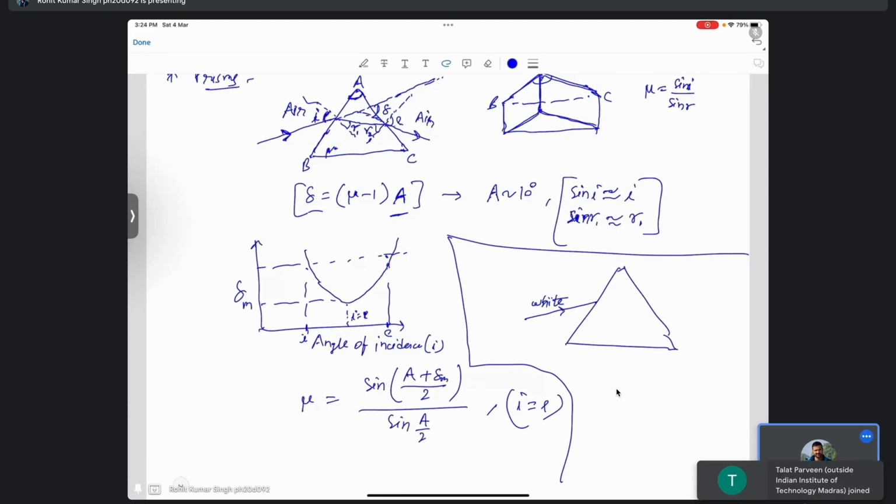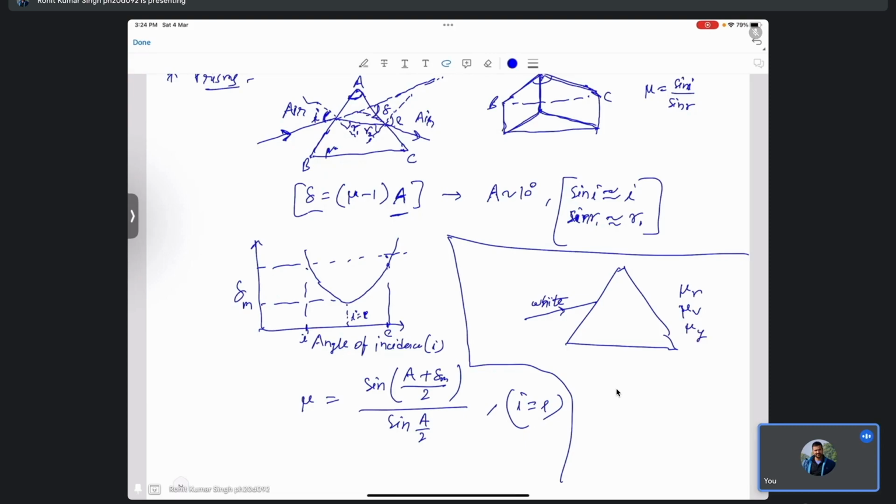The refractive index of this prism for all the 7 colors, so suppose mu r, there are violet, and then there is yellow, they are all different.